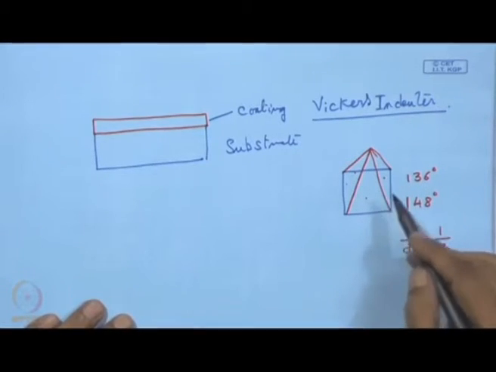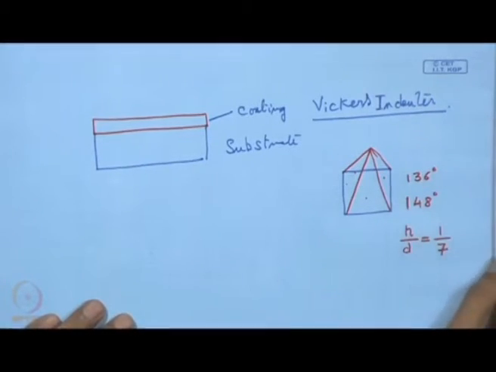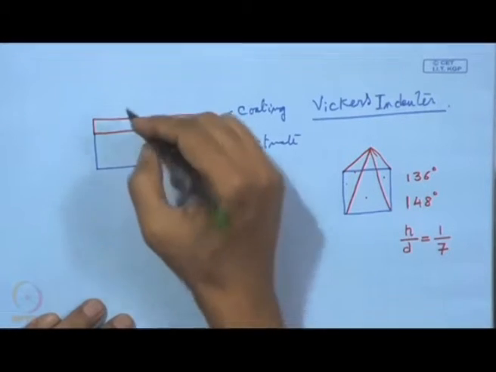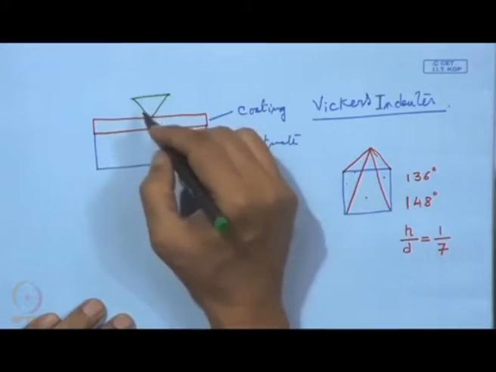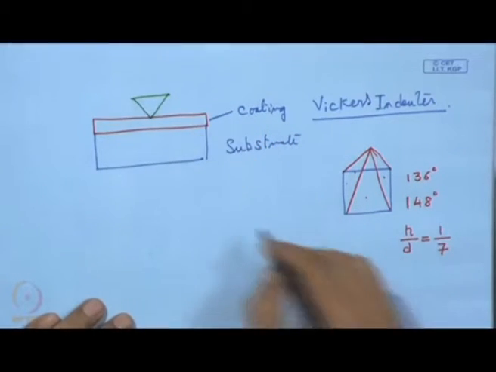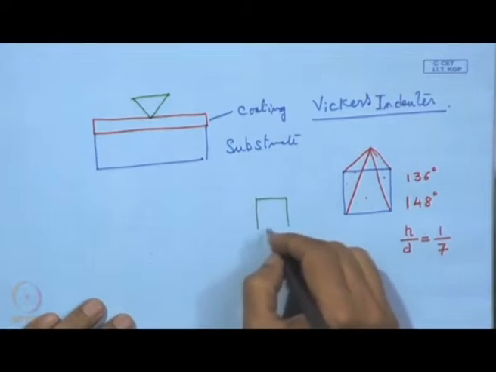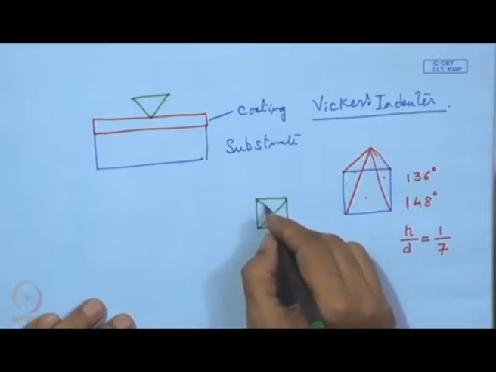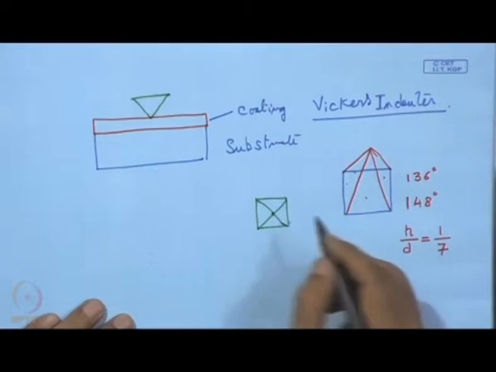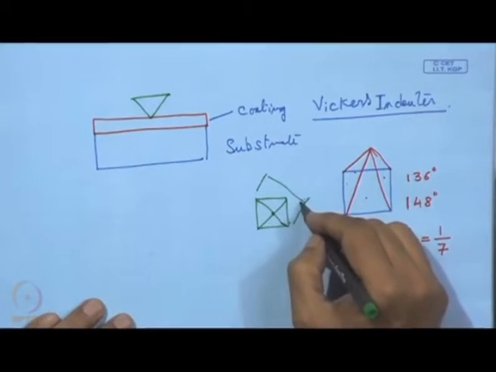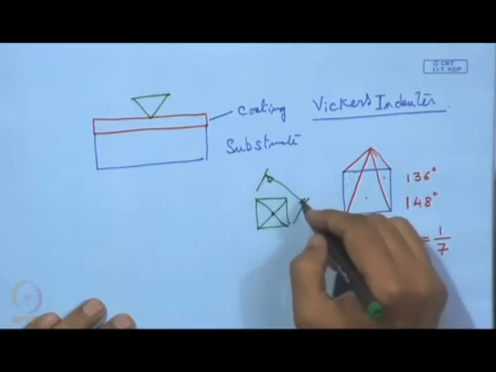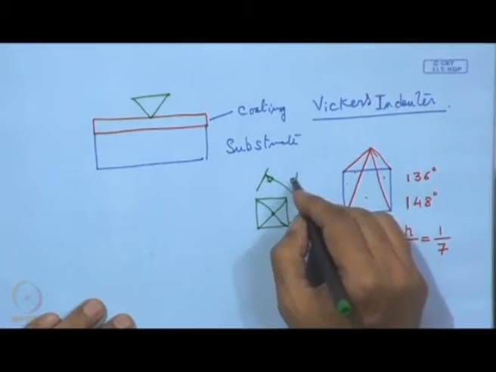So, anyway, this square base pyramid, if it is used for indenting, then what is going to happen? This is the pyramid, and in this case we expect an indentation almost like this, leaving this impression, and one can measure this diagonal. This is d. We have two diagonals.